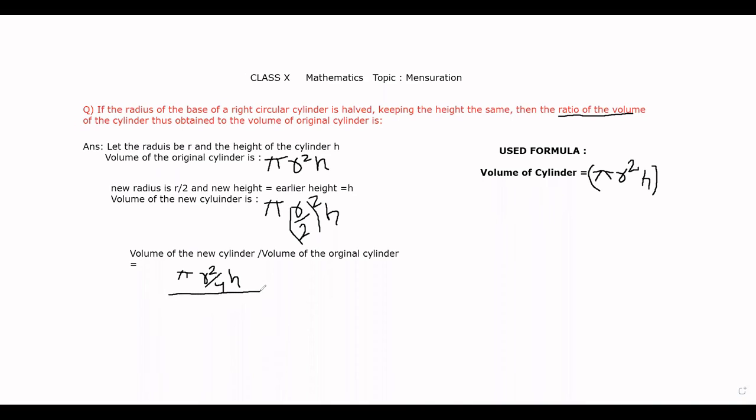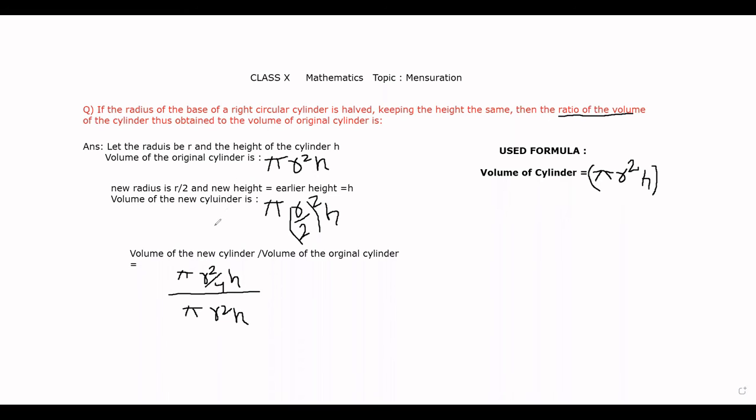A ratio means we need to divide by the volume of the original. What was the original? Original was pi r square, because the original radius was r, and the height is again constant, because nothing happened with the height.